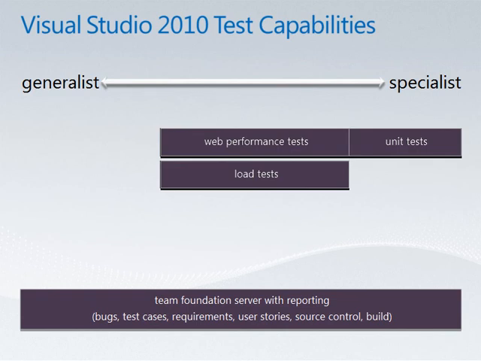On top of Team Foundation Server, we have a bunch of client tools that can be used to build test cases that Team Foundation Server can manage and automatically run for you. So some of the things that we've had for a while now are things like web performance testing. So being able to test the performance of your web application.